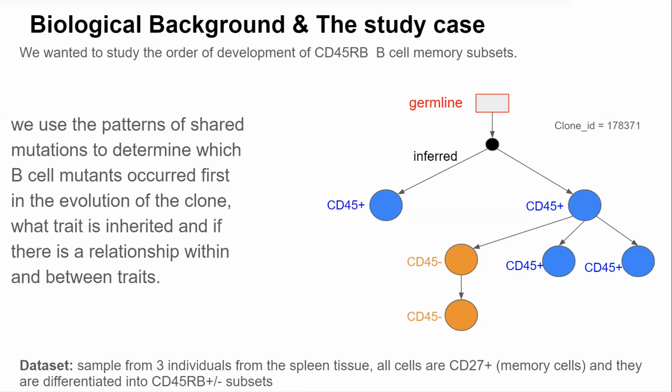How do we do that? We take B cells, mutants, and we order them in lineages. And then we ask, do we often see that one subset is formed after the other one? For example, if we think the CD45 positive subset is formed because of some kind of selection events after its parent, the CD45 negative, then we expect to find the negative one more often before the positive one.